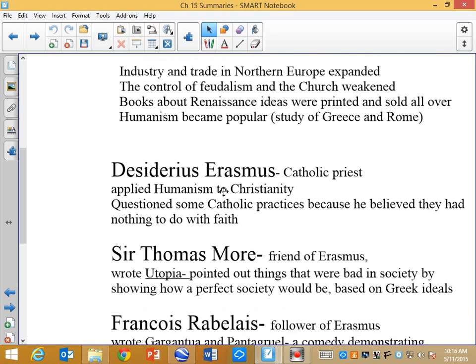A friend of Desiderius Erasmus was named Sir Thomas More. And More wrote a book called Utopia. And knowing what utopia means is kind of helpful. Utopia is a Greek word that means a perfect place or a perfect society. And so in Sir Thomas More's book Utopia, he was not pointing out what was wrong with the day that he lived in.